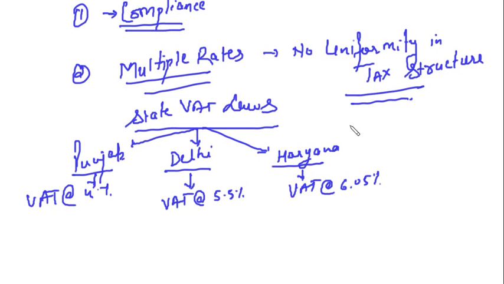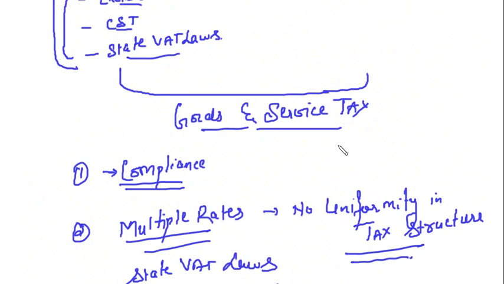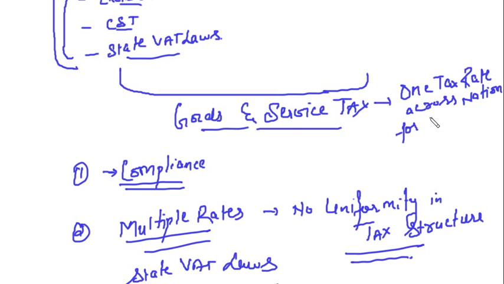Under goods and service tax, for a product, we have one tax rate across the country.